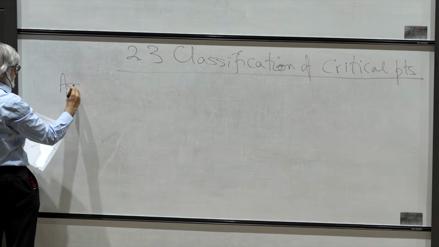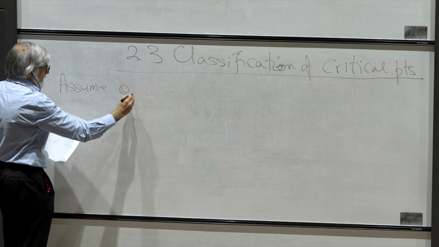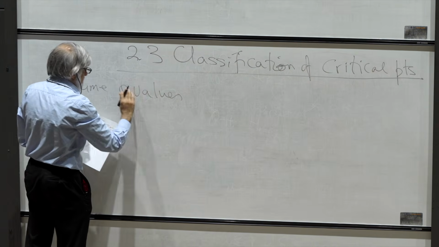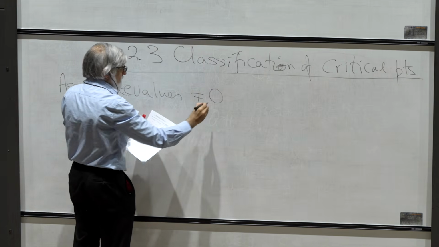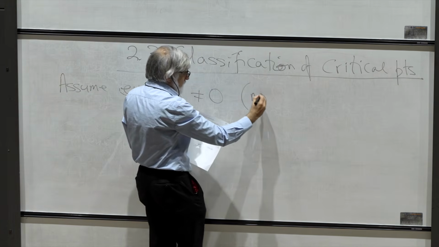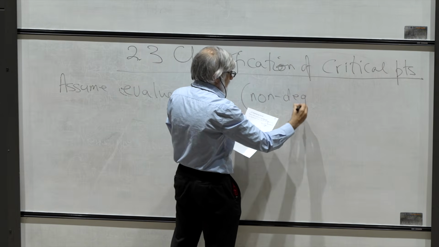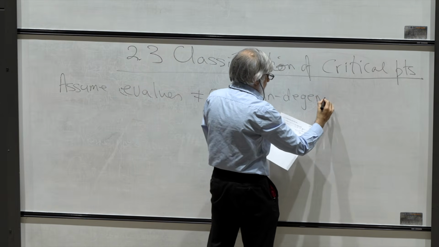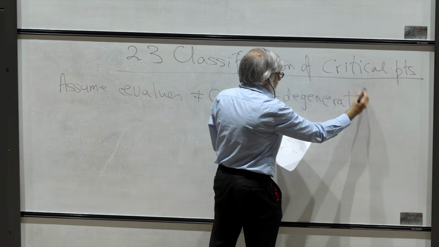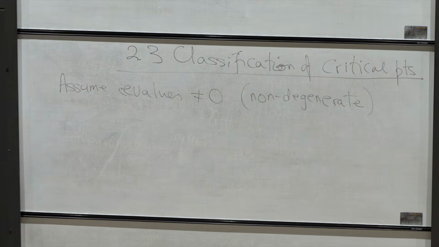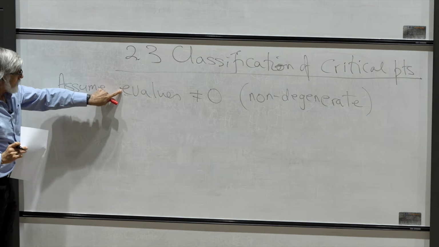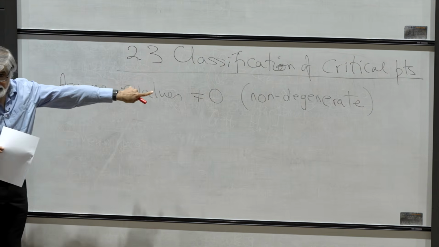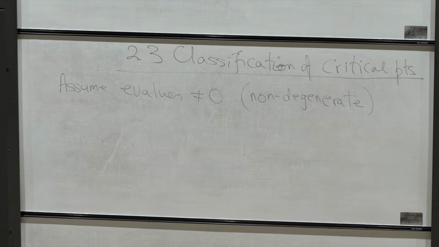We're going to assume that the eigenvalues are non-zero. In other words, that's called non-degenerate. If one of the eigenvalues is equal to 0, then you have to use the higher order terms.